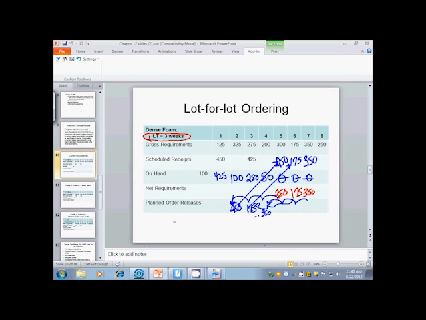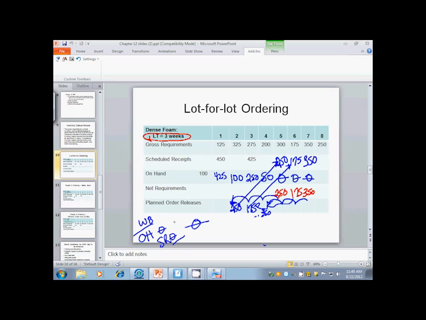Moving on to week 8. I have on hand 0. Scheduled receipts are also 0, which gives me a total of 0 to use.